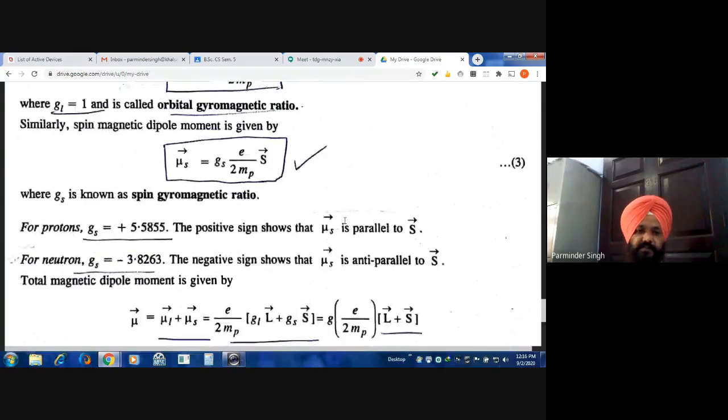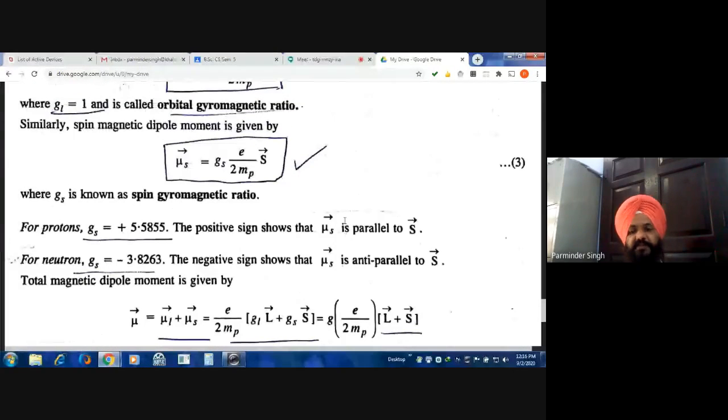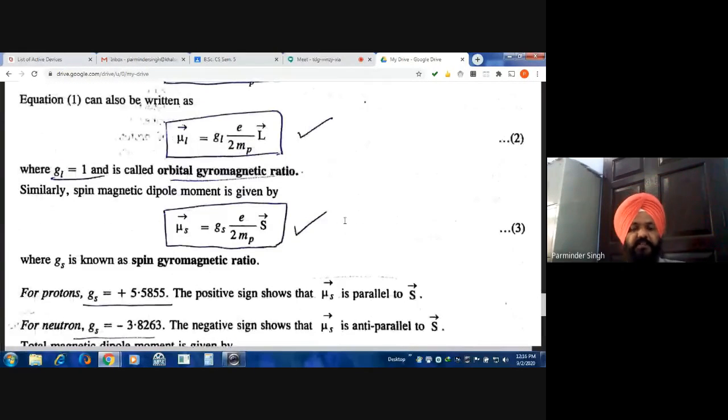If we want to find out the total magnetic dipole moment, it is the sum of the orbital magnetic dipole moment μL vector plus the spin magnetic dipole moment μS vector.